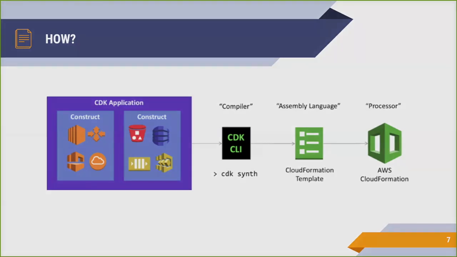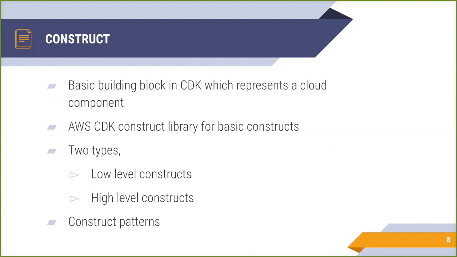So moving on, let's see now what a construct in CDK is. A construct is basically the basic building block of CDK, which represents a cloud component. Now, this cloud component can be either a single AWS resource, or it can be a high-level component which consists of a combination of multiple resources.